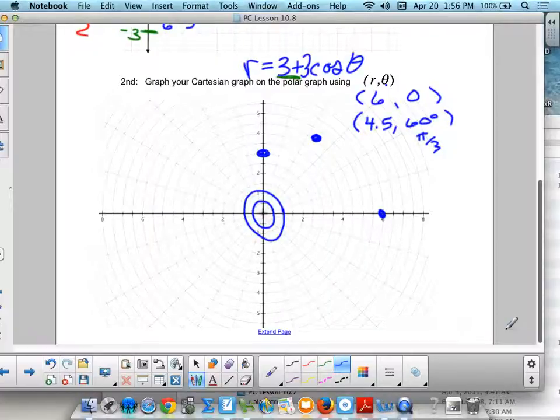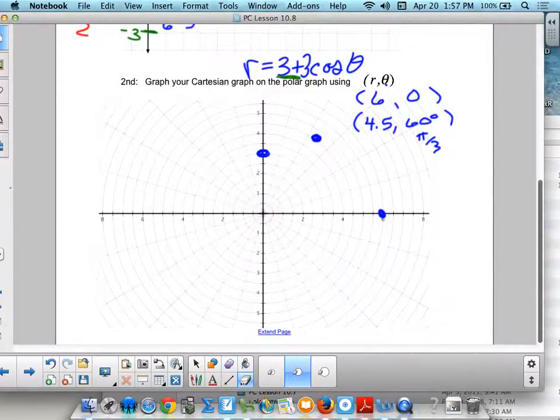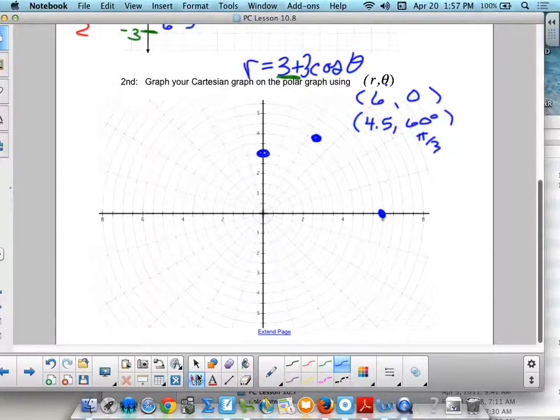Come on down. Go to 1.5 and graph it. 1.5, 120. About right here. Now guys, here's what I'm going to do right now. I'm going to show you, this is a very circular graph. Everything you do is circular. That's where I'm at right now.